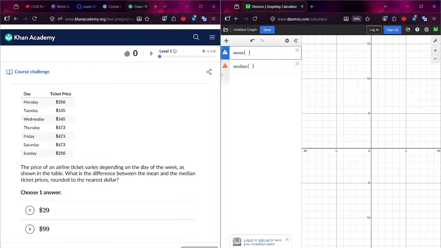So we're going to go with 256, 345, 345, 473, 473, 473, and 256. And then we're going to find the median.